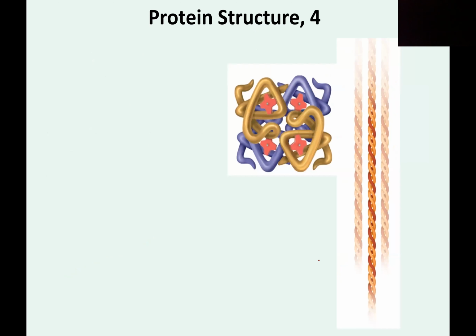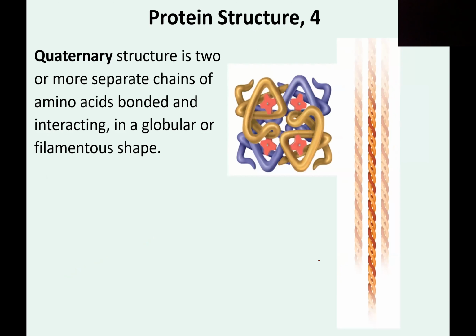The fourth level is called quaternary structure. There are two or more separate chains of amino acids. Shapes and bonds are the same as tertiary.